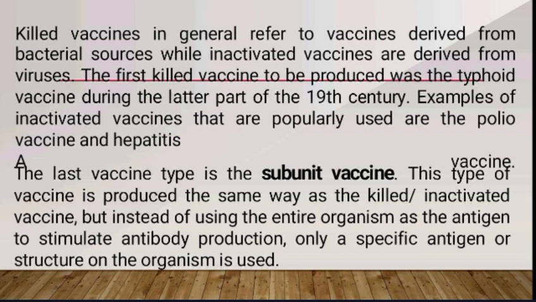This type of vaccine is produced the same way as the killed or inactivated vaccine, but instead of using the entire organism as the antigen to stimulate antibody production, only a specific antigen or structure on the organism is used. The benefits of using subunit vaccines are similar to toxoid vaccine. An additional advantage is that with subunit vaccines, one can distinguish the infected individuals from the vaccinated individuals.